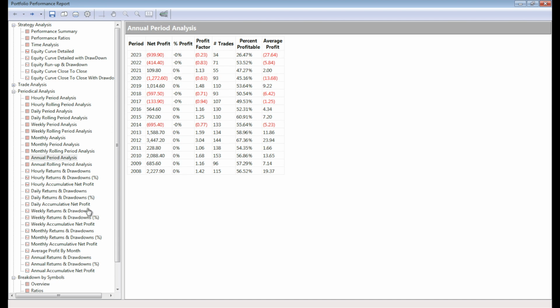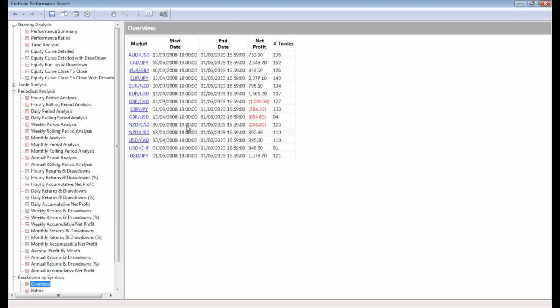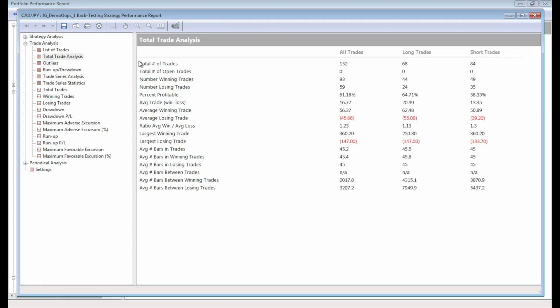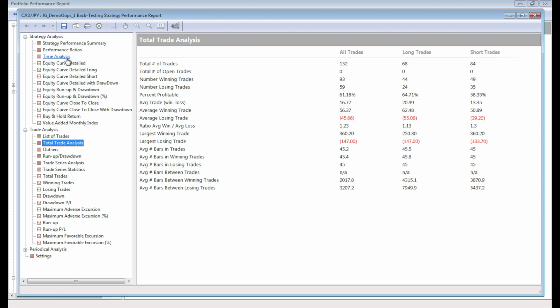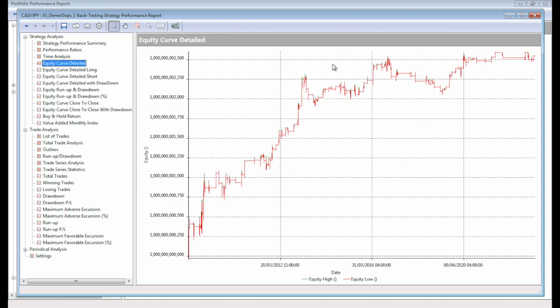And we can also see that if we look at some individual markets, like we've already seen, what was actually the best market. Canadian, Japanese yen made the most money. Looking at the equity curve, we can see that performance is definitely flattening off in recent years.